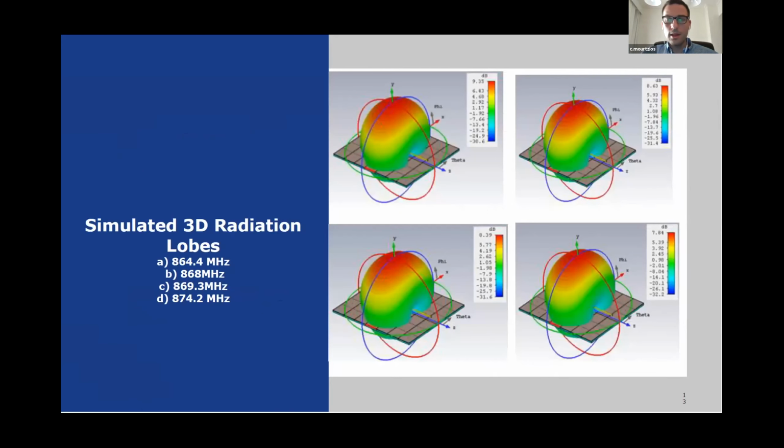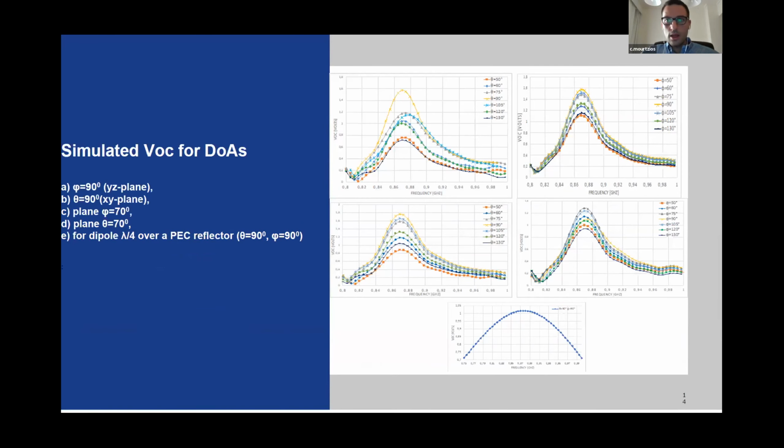And then we simulated the 3D radiation lobes for 7 frequencies around the frequency of interest in order to see how it radiates power. Gain values exceeding 8 dB were observed, as you can see, which is relatively high, and most of the power is gathered at the broadside direction.